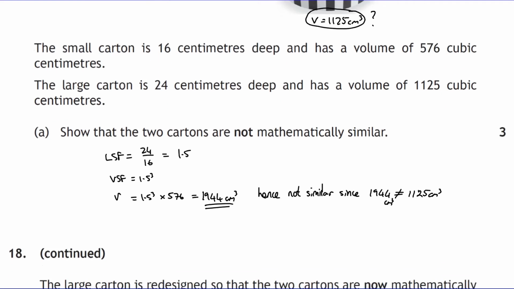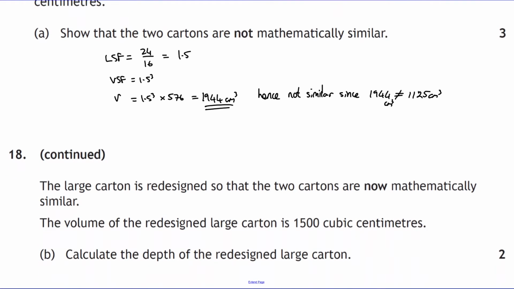Okay, part B. The large carton is redesigned, so the two cartons are now mathematically similar. The volume of the redesigned large carton is 1,500 cubic centimeters. Calculate the depth of the redesigned large carton.